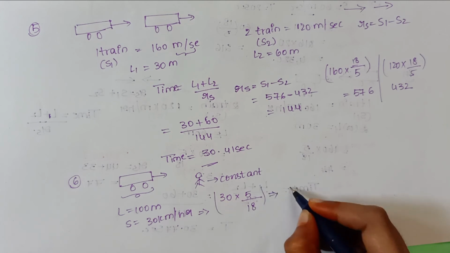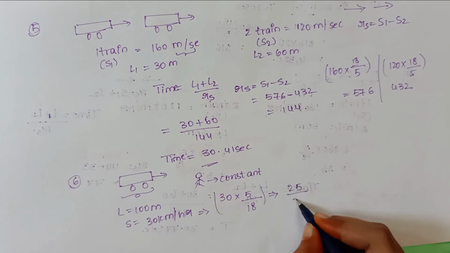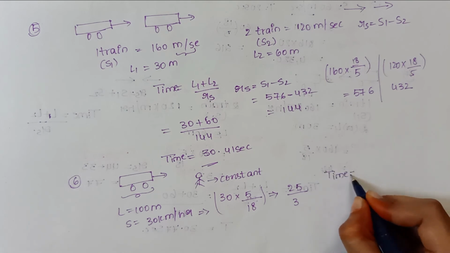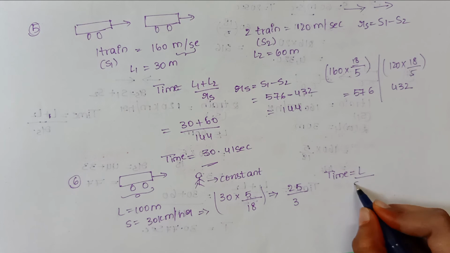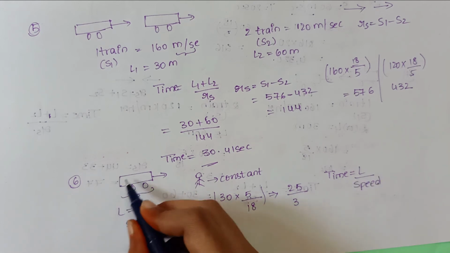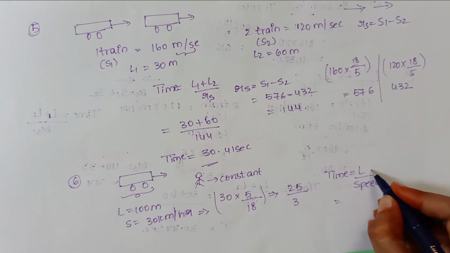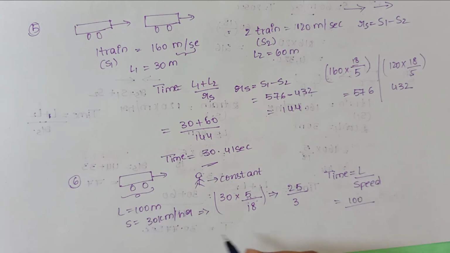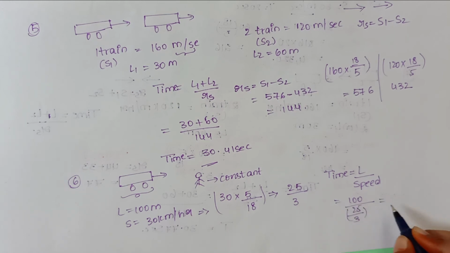If we convert, we'll get 25 by 3. Now formula, time is equals to L by speed, because we have only one moving train, so L means 100 meters by speed means 25 by 3. If we calculate, we'll get 12 seconds.